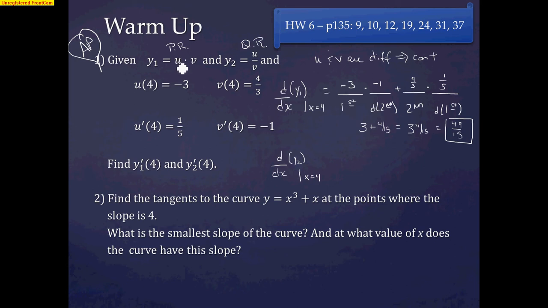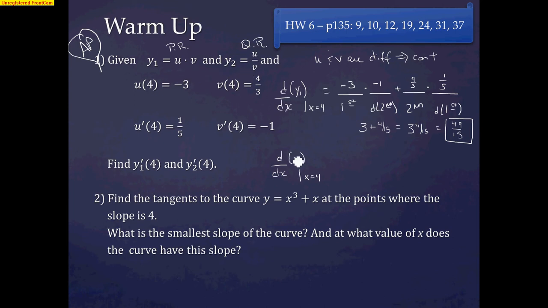If this is multiple choice, the correct answer of 49/15 would be there, but so would be the derivative of u, 1/5, times the derivative of v, so -1/5 would be one of the answers to see if you fall into the trap of thinking the derivative of a product is the product of the derivatives. No, the derivative of a product takes the product rule. The derivative of a quotient takes the quotient rule.